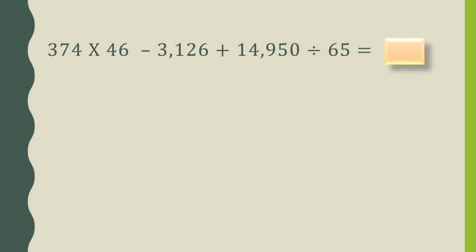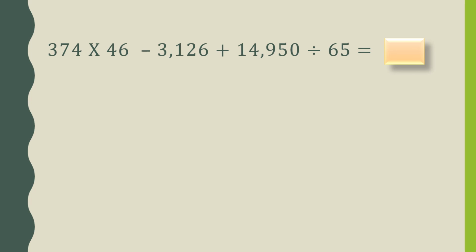Our last equation is 374 times 46 minus 3,126 plus 14,950 divided by 65. Let's remember the order of operation, BEMTAS. In this equation, we don't have brackets, so we will work from left to right.